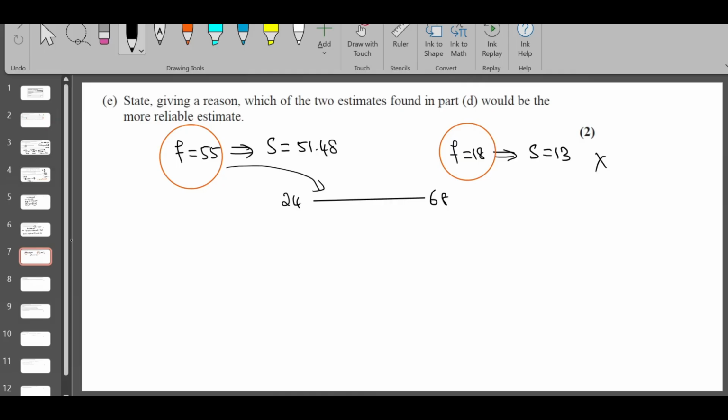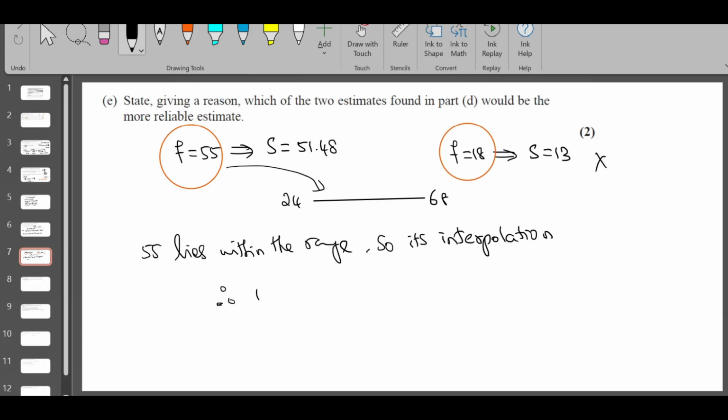So you need to write 55 lies within the range. So it's interpolation, and therefore it's more reliable. 18 lies outside the range.